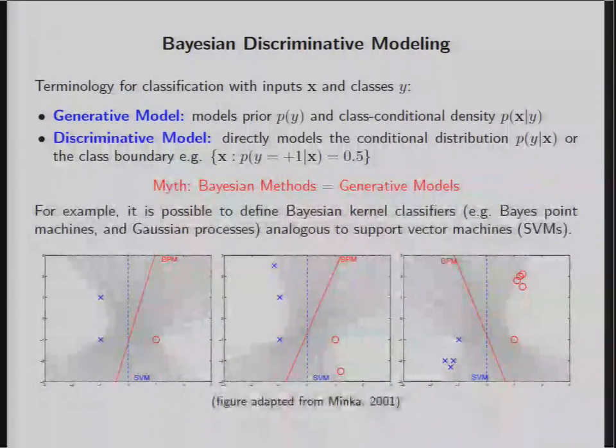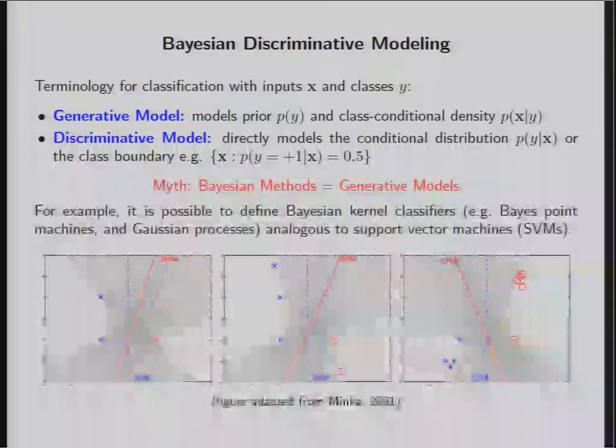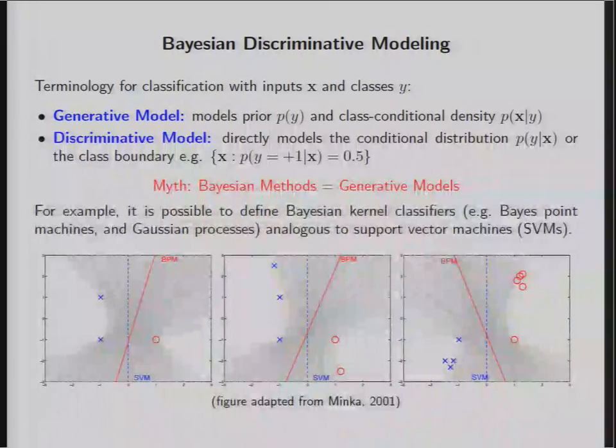It says, well, first of all, the answer is different from the maximum margin classifier, and the difference comes from the fact that we have this data point here, which essentially eliminates, it makes the problem asymmetric. It eliminates a bunch of classifiers on this side, so it tilts the Bayes point classifier in the rightward direction.